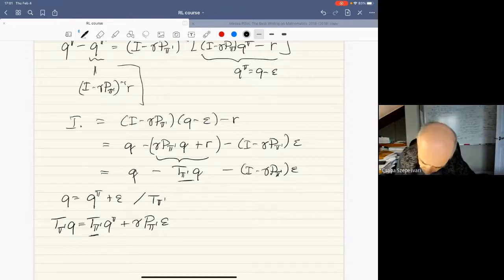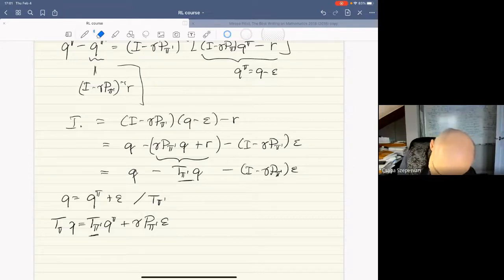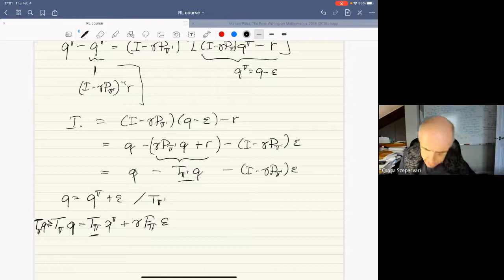And now we know that T of pi prime, oh, sorry, T of pi, okay, we should have applied this to this pi. So T of pi prime applied to Q is at least as large as T of pi applied to Q, which from this equality is equal to that.